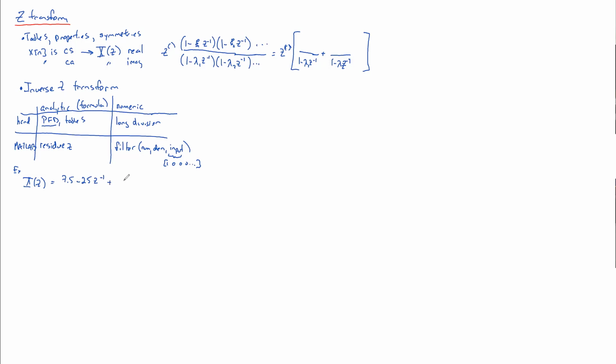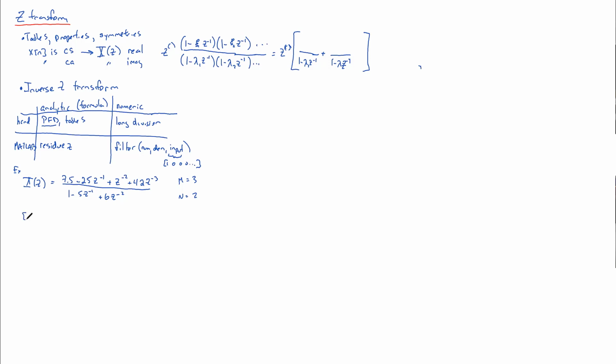Using these touchscreen things, I have to slow down or else it can't keep up with my handwriting. So, Fawaz, what's the order of my numerator? What's my m here? 3. Yeah. And similarly, my n is 2. So this is a second order signal, and you have to divide through.